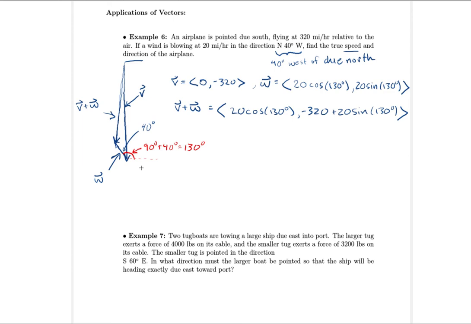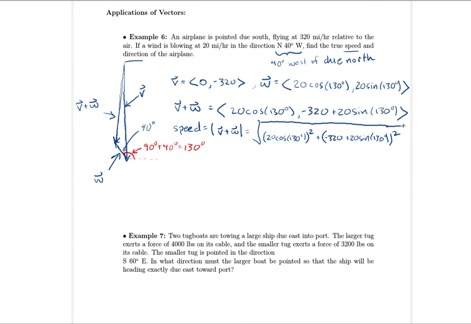Well, the speed has got to be the magnitude of V plus W. So I have the square root of 20 cosine of 130 squared plus negative 320 plus 20 sine of 130 degrees squared.